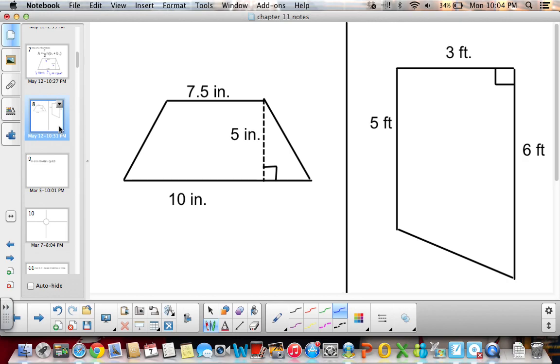So sometimes trapezoids look a tad differently, like this one on the right here. So let's do this one together, and then I'm going to have you pause me and try this one on the right. So we have 1/2. This is our height. This is our base 1. This is our base 2.